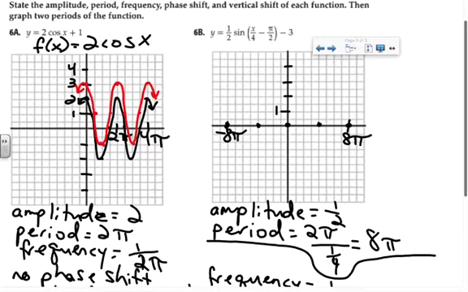Halfway between my intercepts are my maximums and minimums. So notice before we plot them, our maximums and minimums are going to be 1/2 and negative 1/2 before we vertically shift anything. Okay, so here's my maximum, minimum, minimum, maximum.